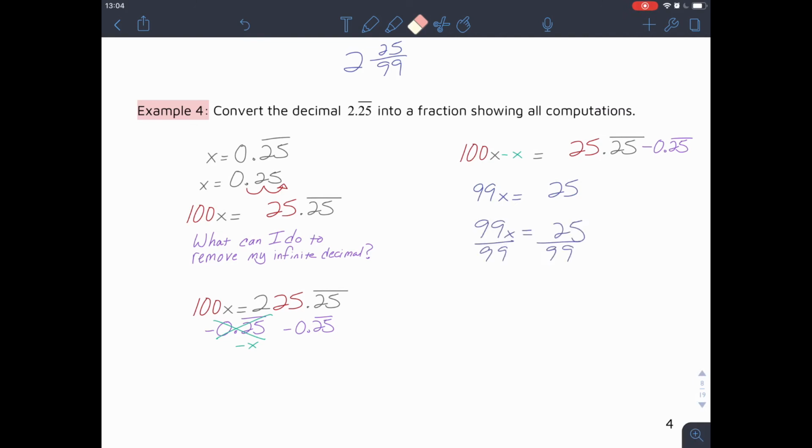And when I solve that using inverse operations, I get that x equals 25 over 99. So that's the decimal part of my repeating decimal turned into a fraction. And then I join it back with its whole number of 2, and I get the mixed number of 2 and 25 over 99 as my ratio version of 2 and 25 repeating.